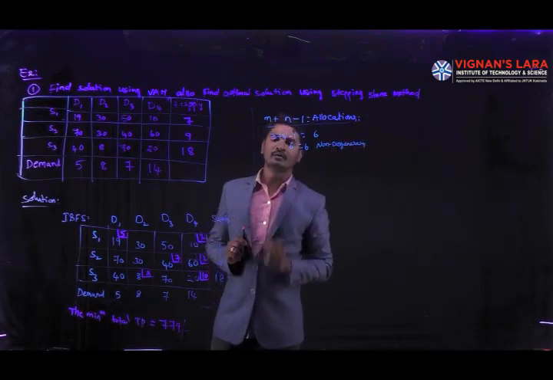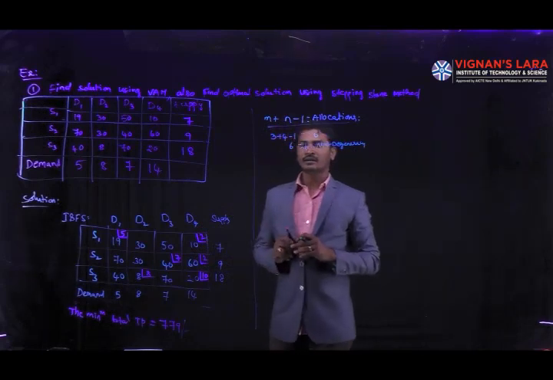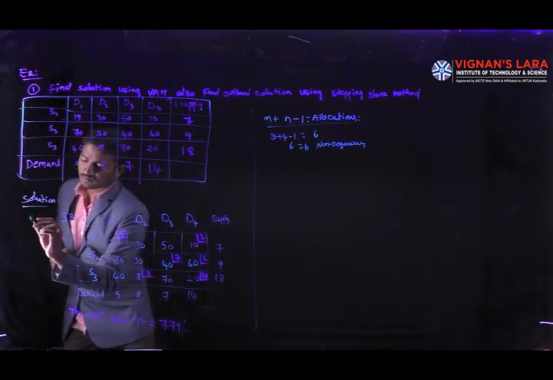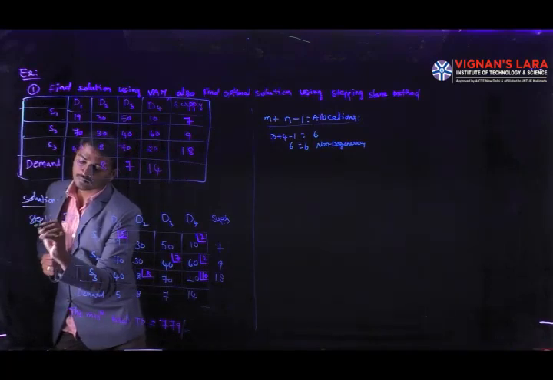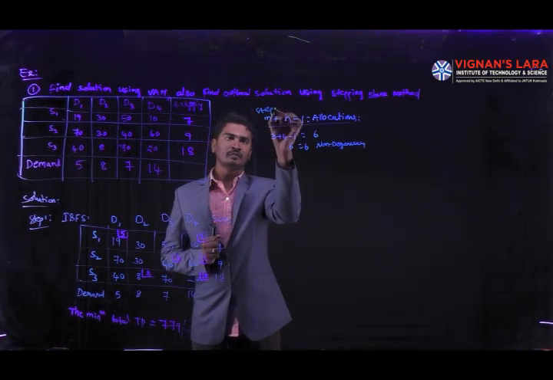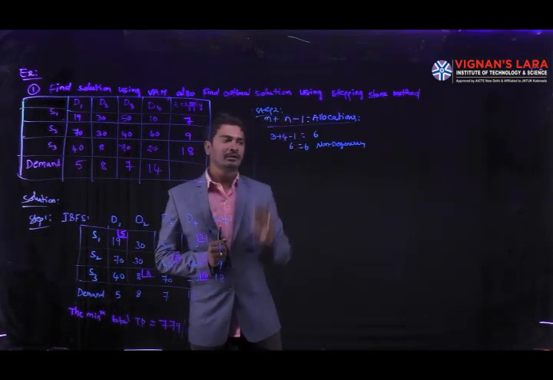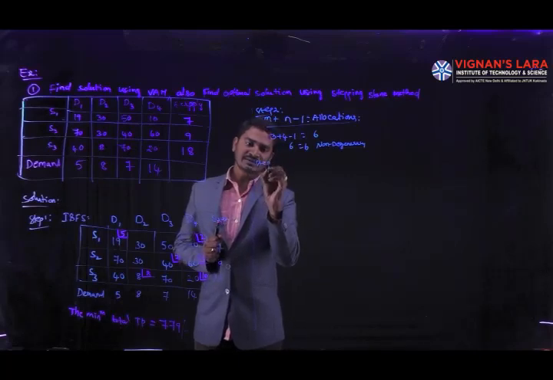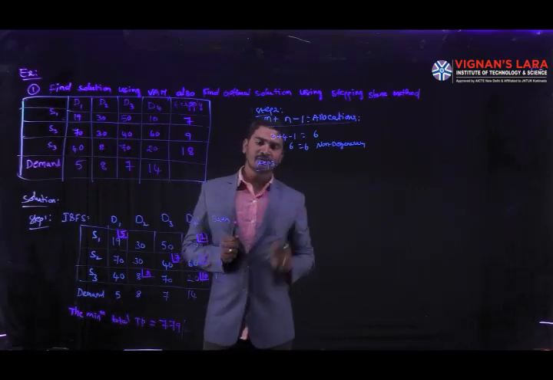Now we are going to draw the loops. Step 1, we found the initial basic feasible solution. Step 2, we checked the non-degeneracy and degeneracy. Now we are going to step 3. What do we have to do?